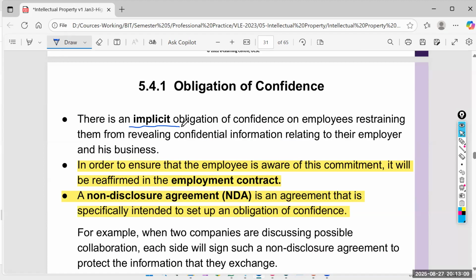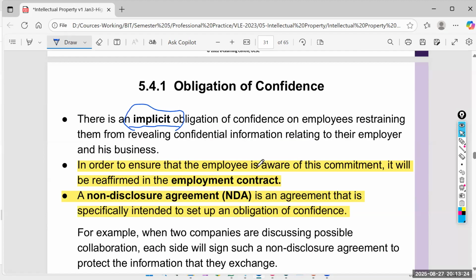Number one is how do you lose your confidential information? Mostly through your employees, internal people, because they get access to the confidential information, unless someone hacks into your systems and so on.